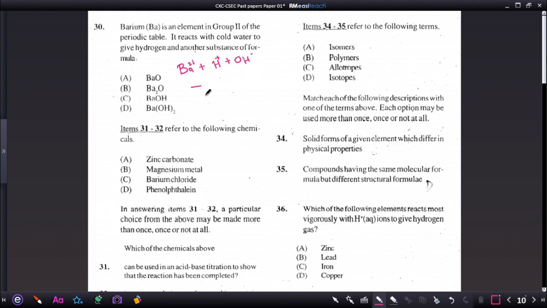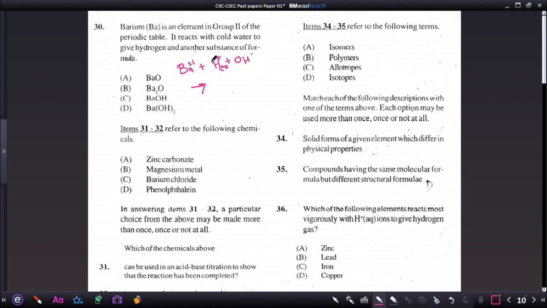And the H plus will go on to form the hydrogen gas. Remember that H plus doesn't exist by itself, right? This is the representation of the hydroxonium ion, H3O plus. So in solution it looks like this, and the barium goes on to react with the hydroxide.